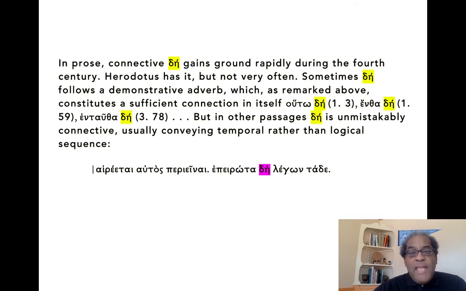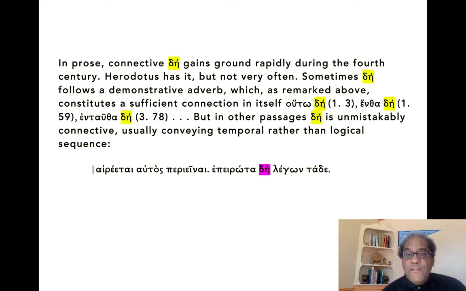Okay. Now, so in prose, connective de gains ground rapidly during the 4th century. Herodotus has it, but not very often. Sometimes de follows a demonstrative adverb, which, as remarked above, constitutes a sufficient connection in itself. Houto de, entauta de, entauta de.